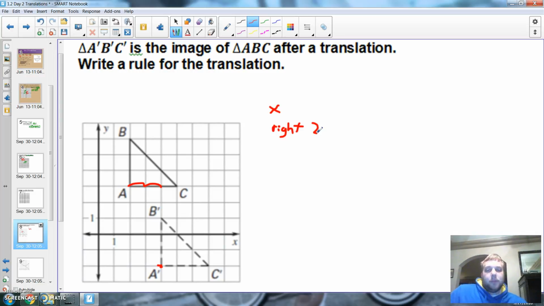Okay. And then we went, let's see, how far down? So I'm doing this point to the same location down here. So I went over 2 and down 1, 2, 3, 4, 5. And I went down 5.